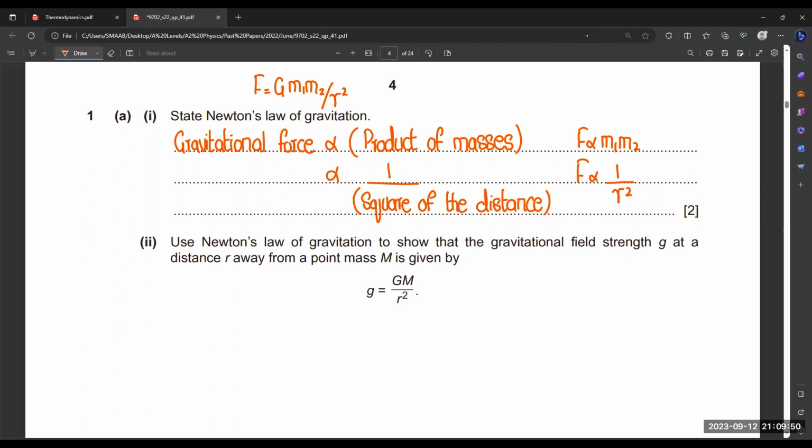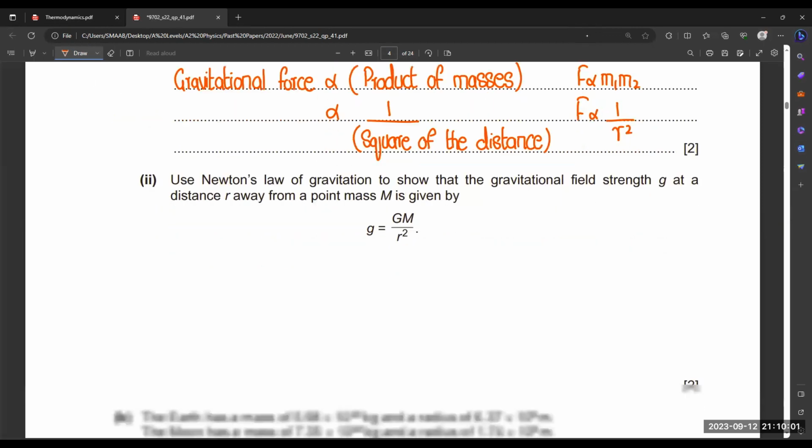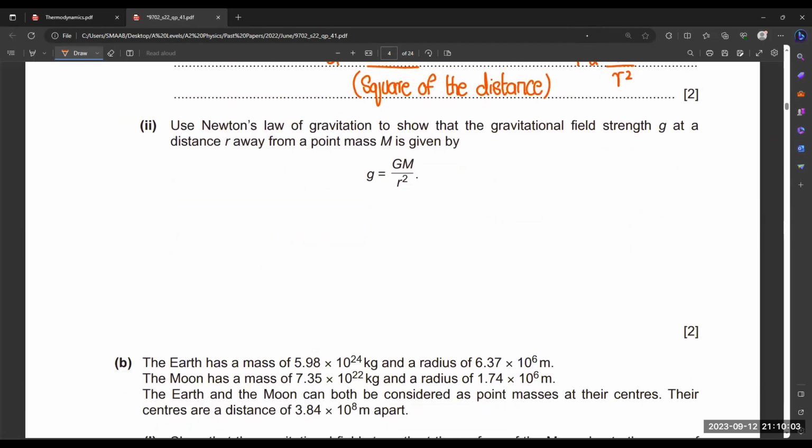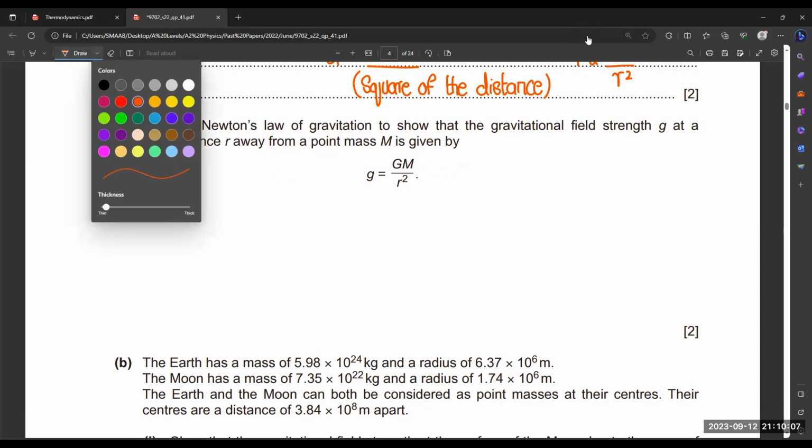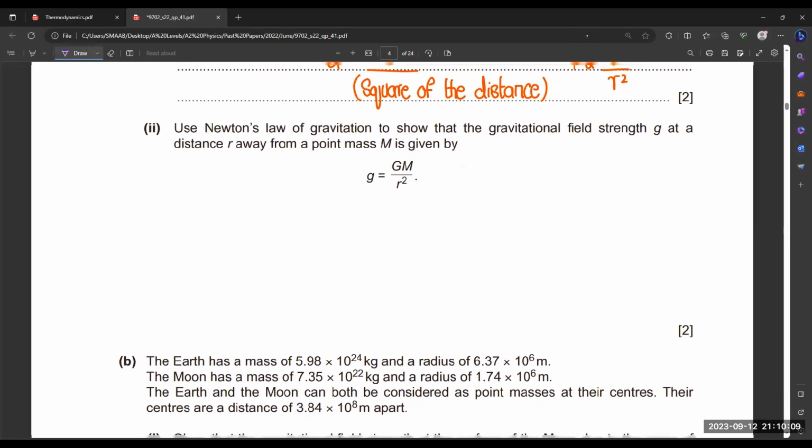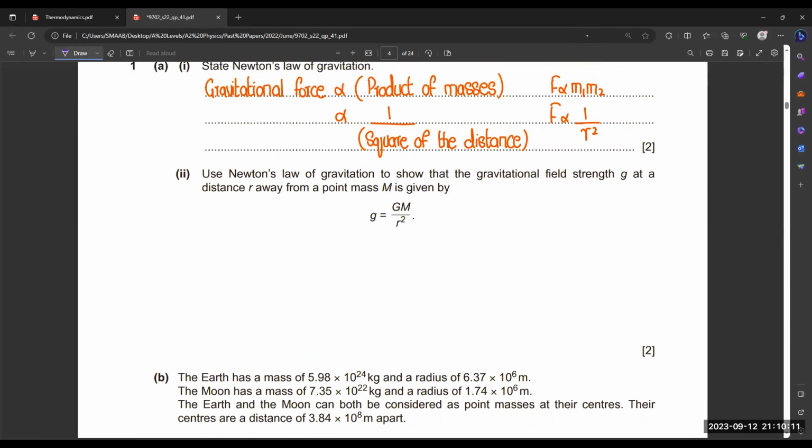No. Okay. And in the next part, they are asking to use Newton's law of gravitation to show. Basically, this part is related to the derivation part, because you know that they ask about derivations also.